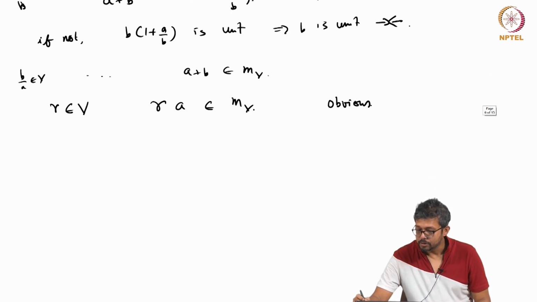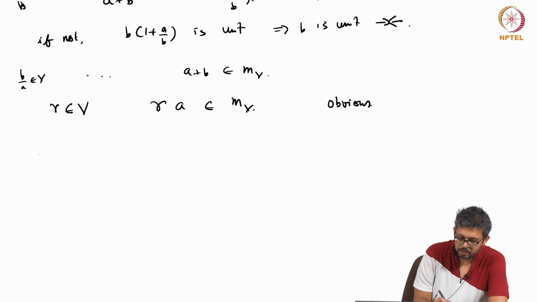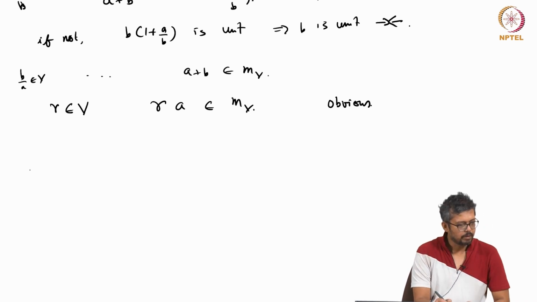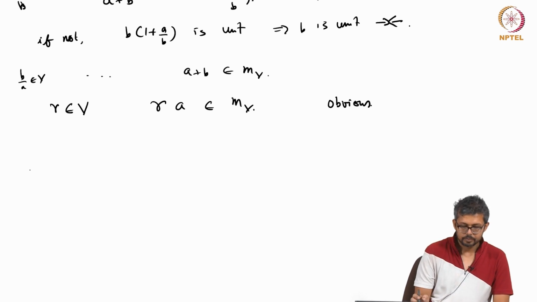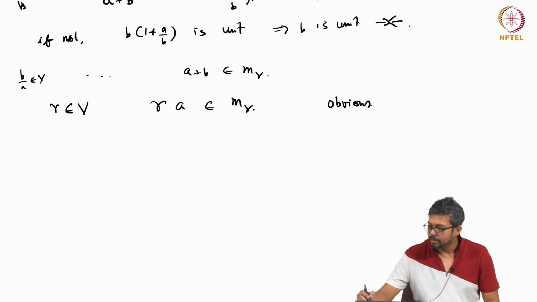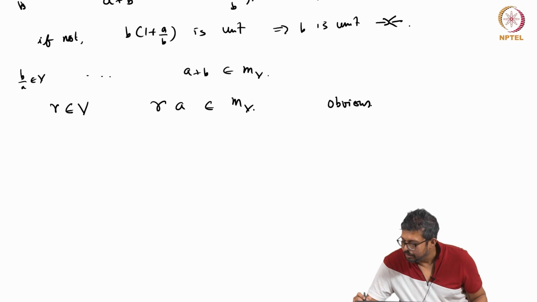This shows that V is a local ring, and the maximal ideal is given by the non-unit elements of V. This is a very important property: valuation rings are local rings.